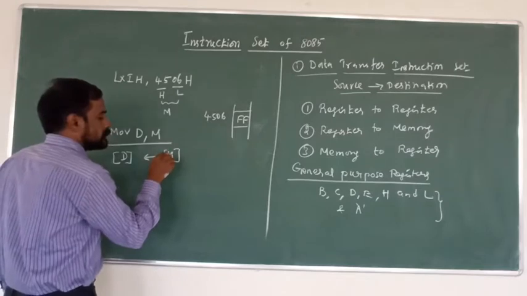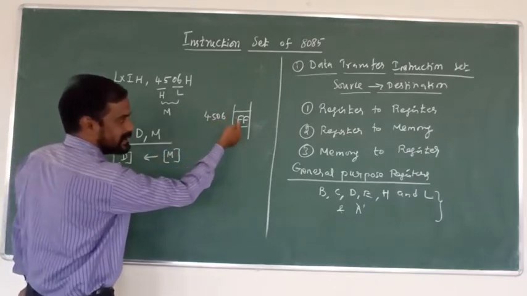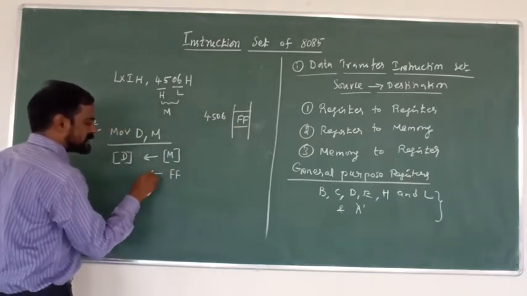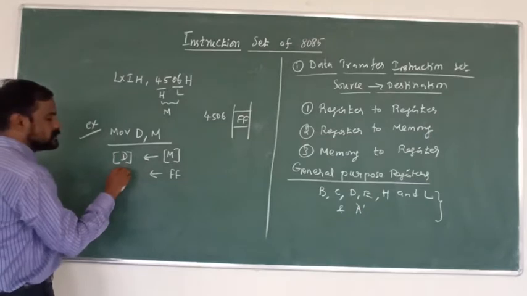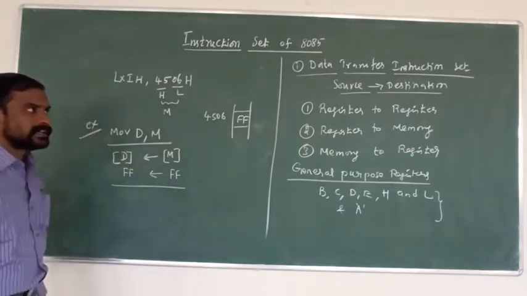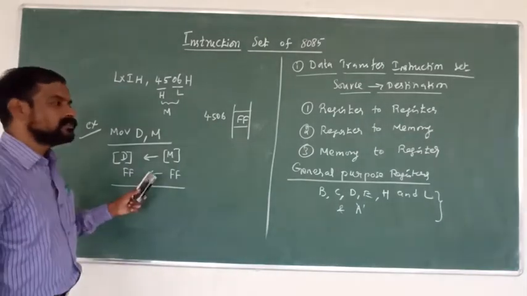Now memory address 4506, in this address location data F of data to transfer into D register. Now D register F of. This is the way to transfer from memory to register.